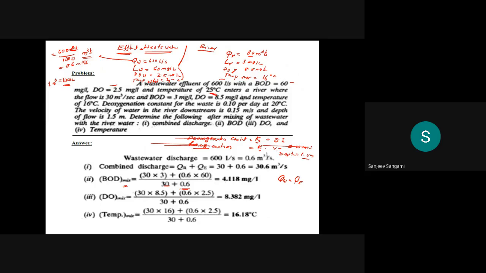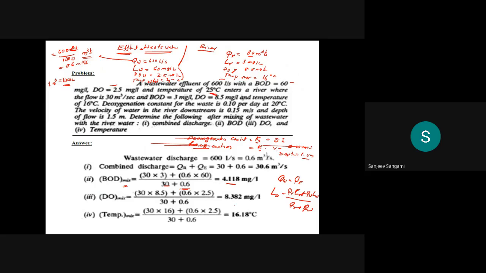With that formula, if you use it, you will get it. So L at outfall, that we already did, QR LR plus QW LW divided by QR plus QW. This formula I have to use.